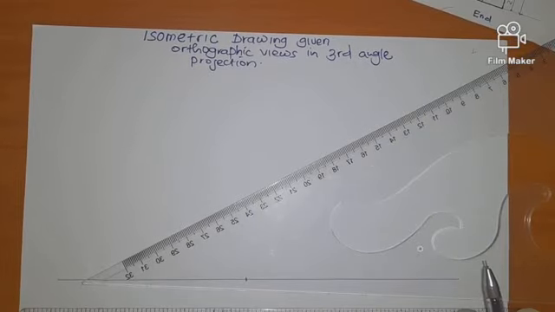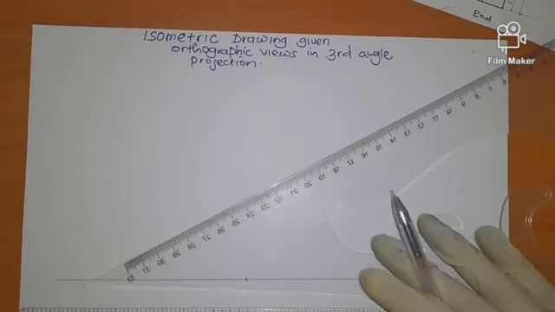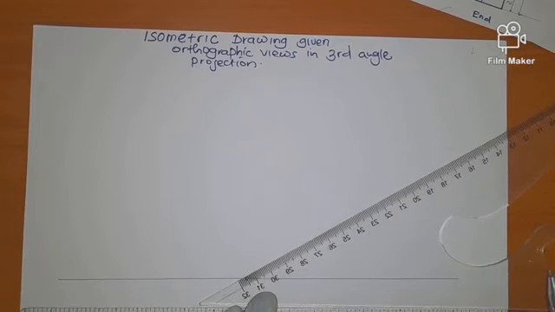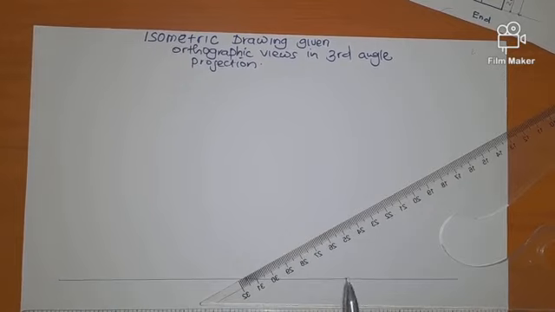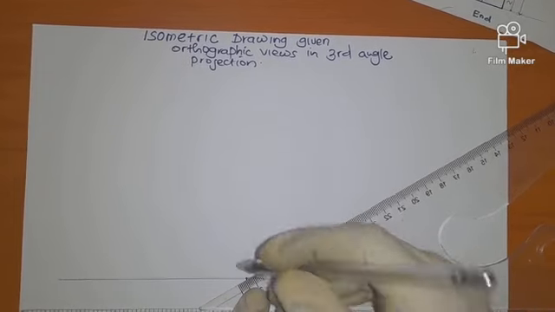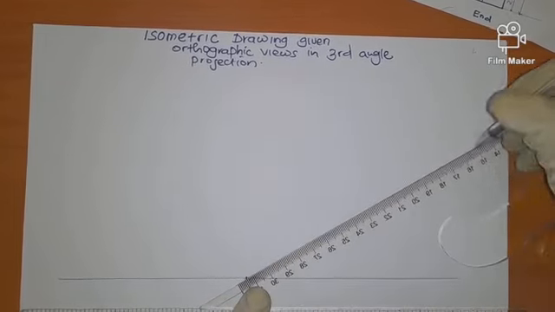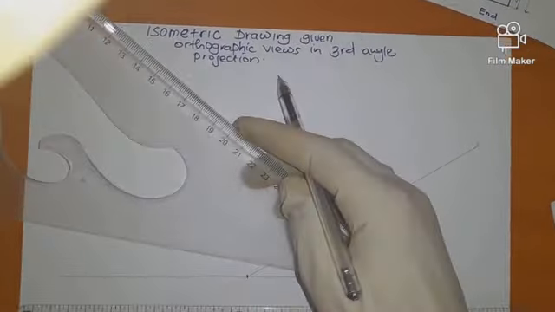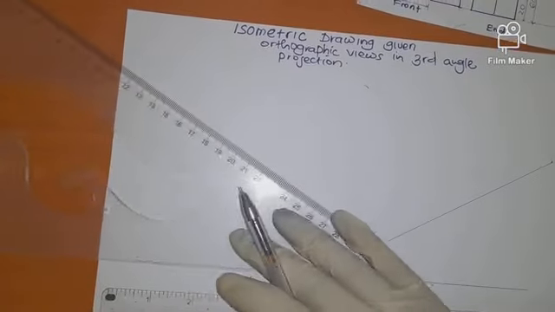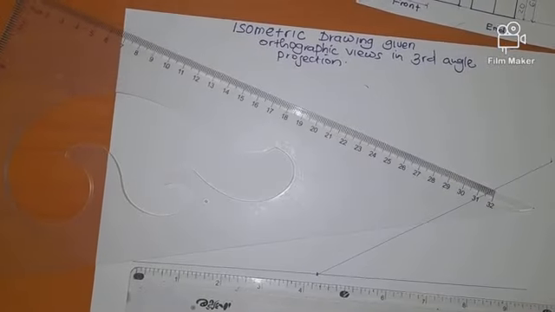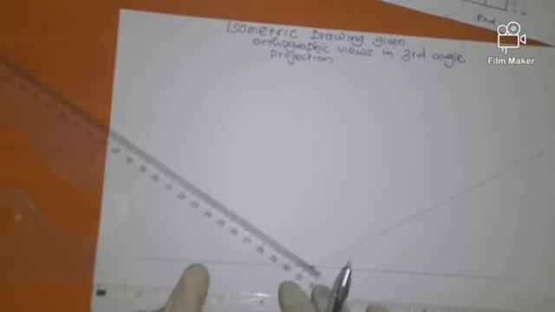The first isometric line on which the end elevation will lie is this one here. So we draw the first isometric line, and the second isometric line is this one. So we have to draw the two isometric lines.